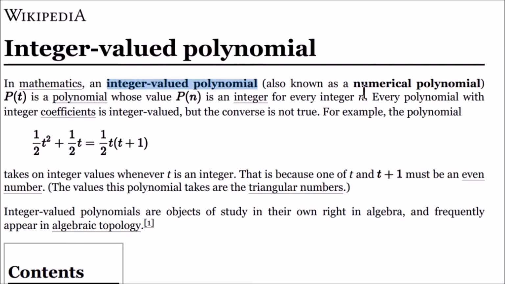And many works introducing the subject will give the polynomials that yield the binomial coefficients as prime examples of something that is a numerical polynomial but does not have integer coefficients across the board. Here, 1/2 t squared plus 1/2 t is the polynomial that gives the choose 2 binomials.